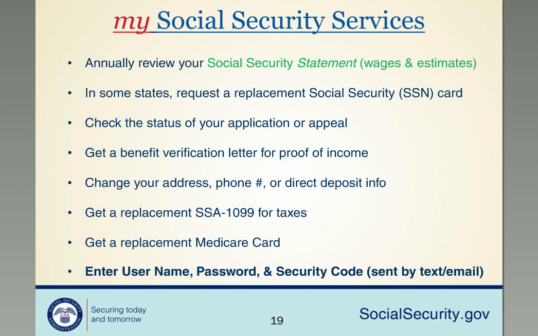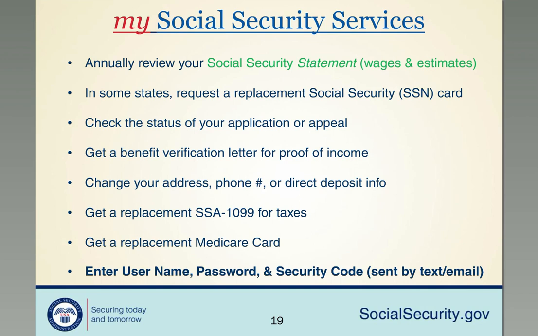Or if you file for benefits online, you can check the status of your application online by having a My Social Security account. Or if you need to get a benefit verification letter, you need proof of how much you're getting from Social Security, if you or a client have this My Social Security account, they can print up the benefit verification letter anytime they need it.